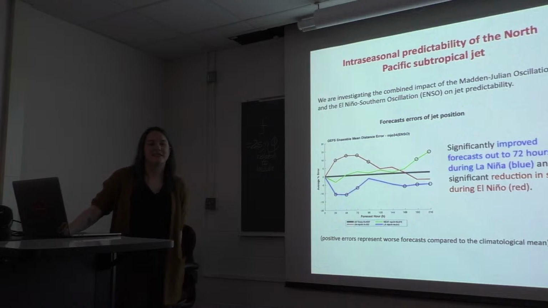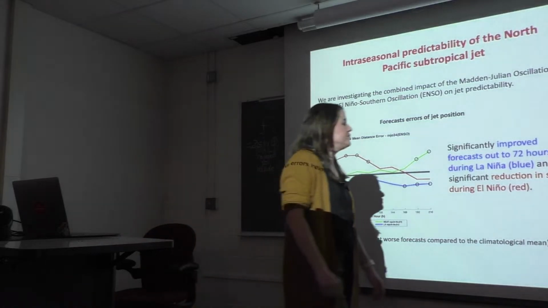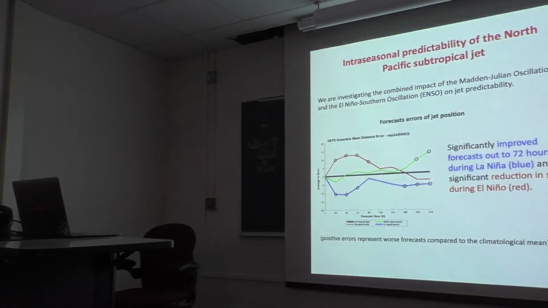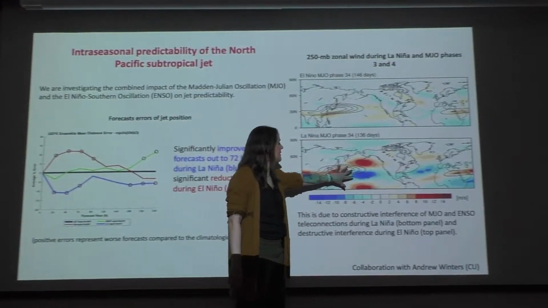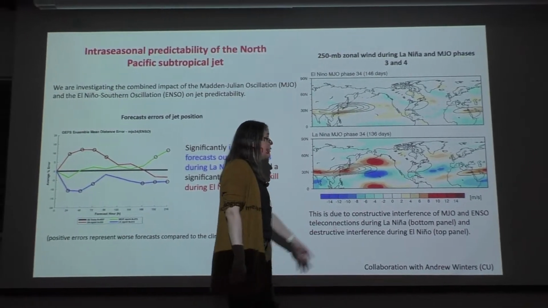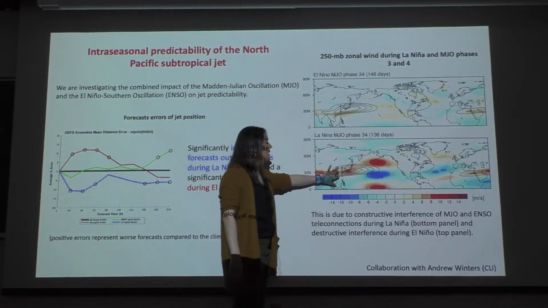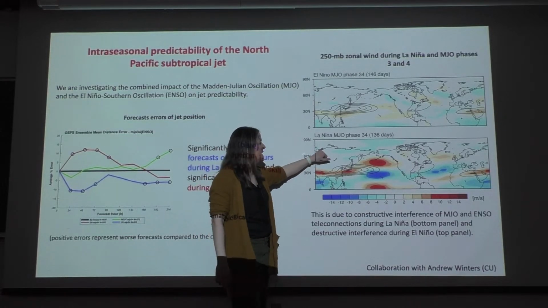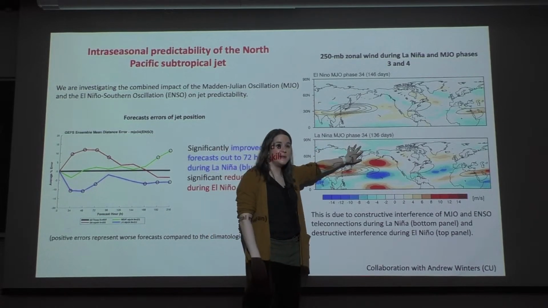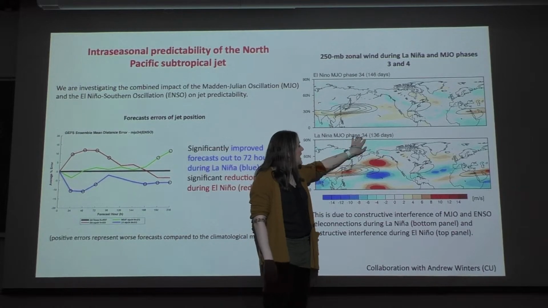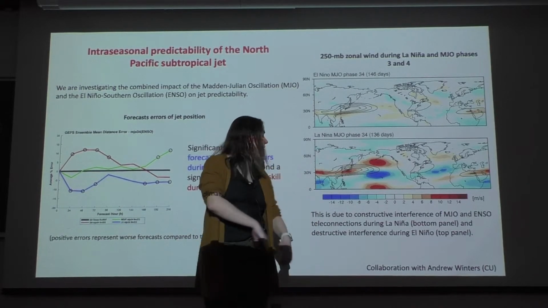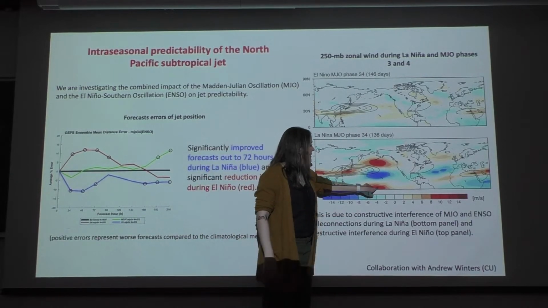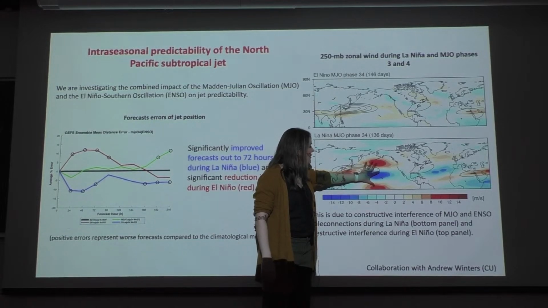I do. Is there any significance to the Atlantic Basin tripole? Yeah, that's a good question. In this project, we're fully focused on the Pacific, but there would be. If you were to take all of the La Nina days that have an MJO phase 3 and 4 at the same time, composite them all together, then they're constructively interfering here.